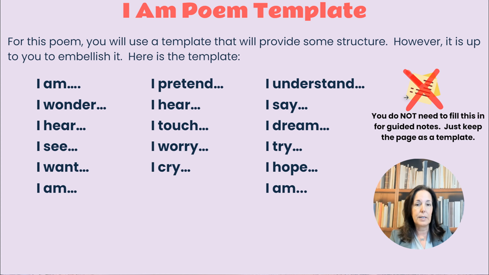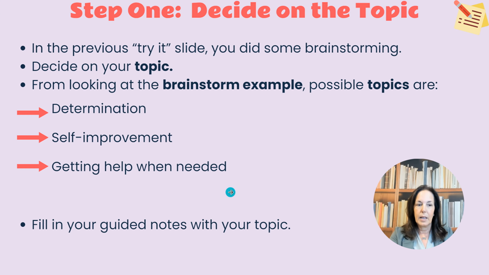But here, the sentence starters are I am, I wonder, I hear, I see, I want, I am, I pretend, I hear, I touch, I worry, I cry. I understand, I say, I dream, I try, I hope, I am. So you'll notice that the I am prompt is repeated, as are a couple of the other ones as well.